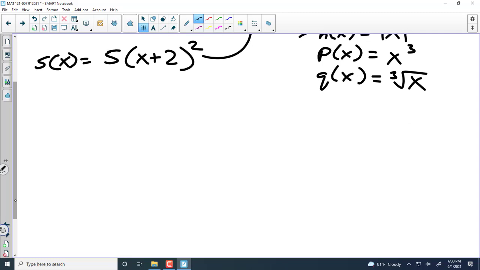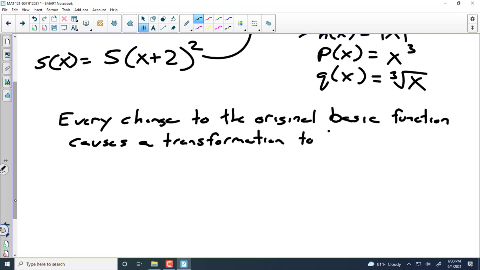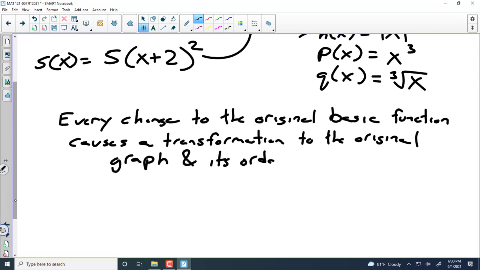Because you see, every change to the original basic function causes a transformation to the original graph and its ordered pairs.